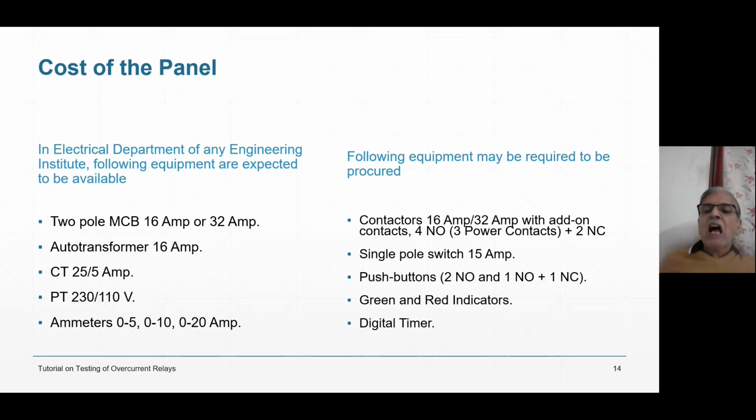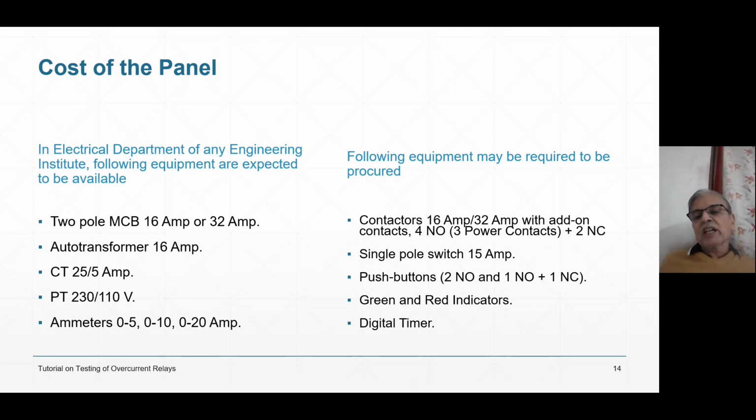But if you ask for add-on contacts, 2 NO and 2 NC extra will be available. So 4 NO, out of which 3 are power contacts, plus 2 NC. So you get 6 different contacts.